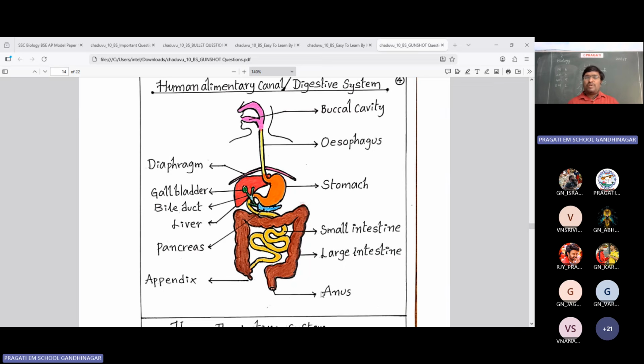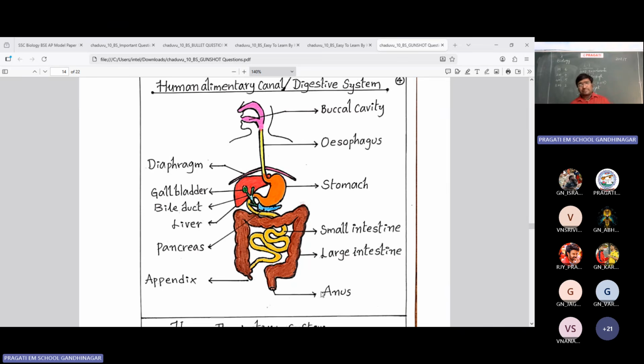Okay, so alimentary canal or digestive system, flowchart as we know. It starts with mouth, buccal cavity, esophagus, stomach, small intestine, large intestine. The small intestine has 3 parts, as we know: duodenum, jejunum, ileum.